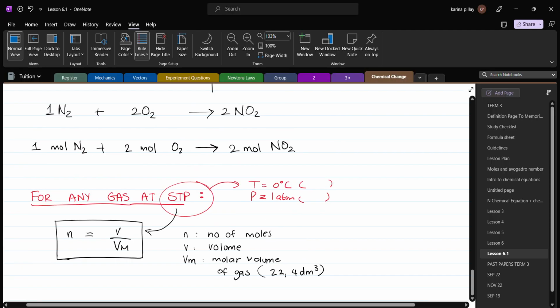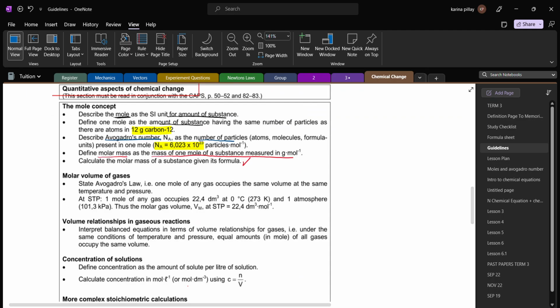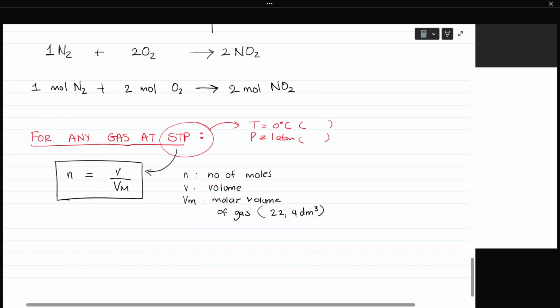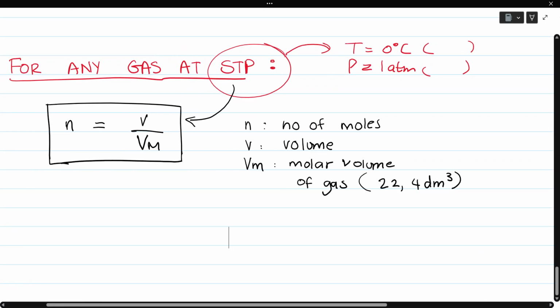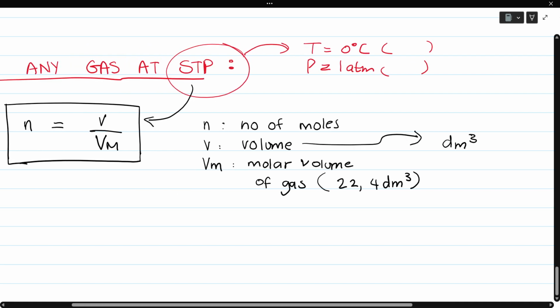I didn't have the values on the data sheet here, but they would definitely give you this value, because I don't expect you to know this off by heart. The volume of a gas V must always be measured in the SI unit of decimeter cubed.